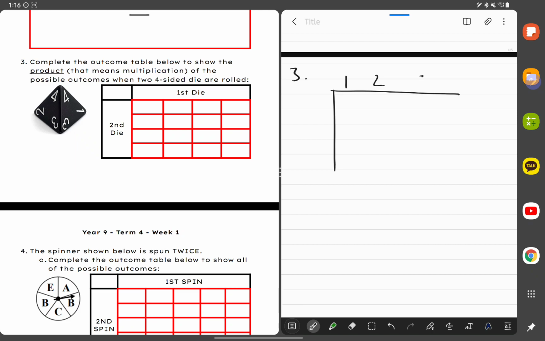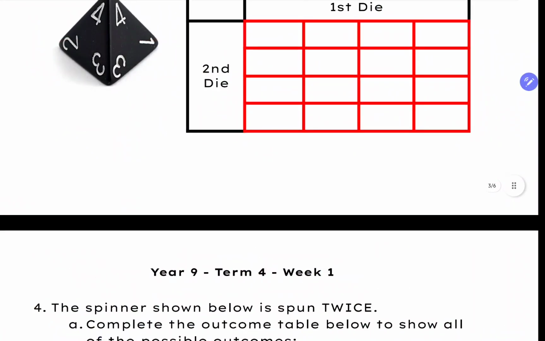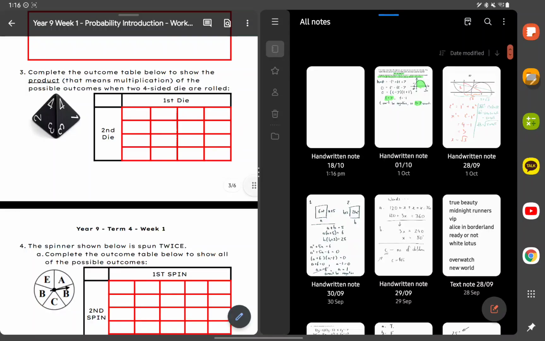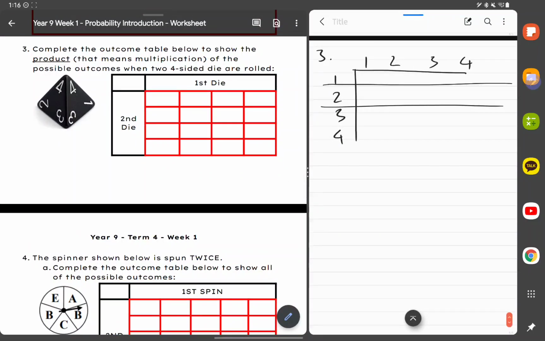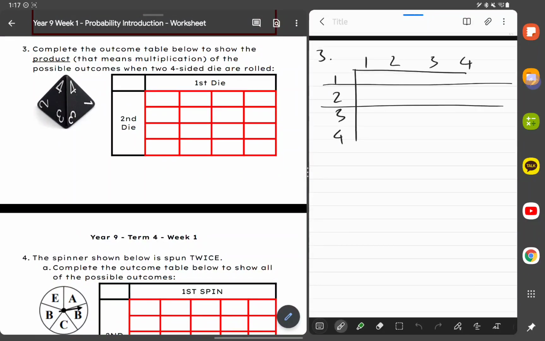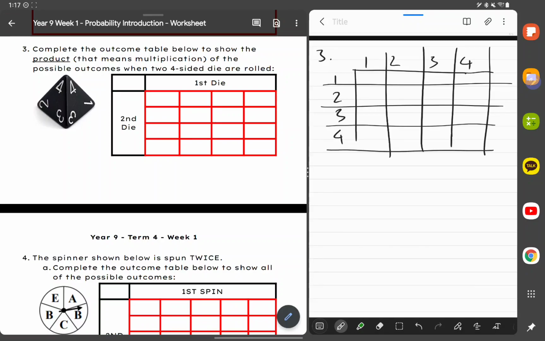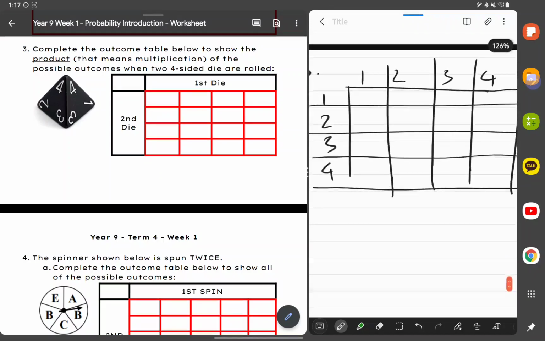It's 1, 2, 3, 4. 1, 2, 3, 4. One moment. There we go. Yes, that's not great, I see. But you know what, we can do it.